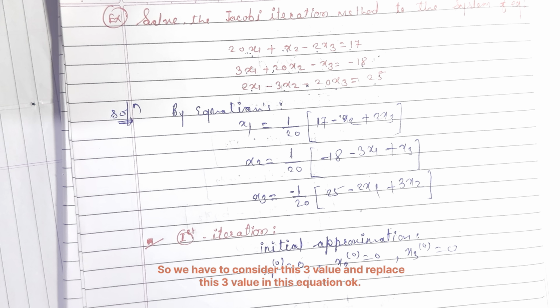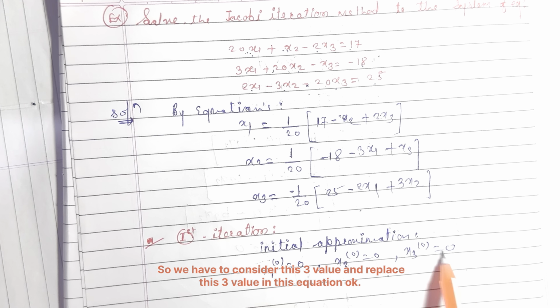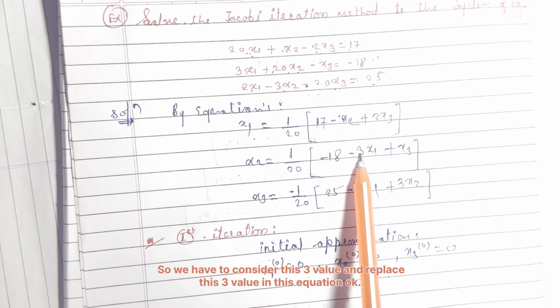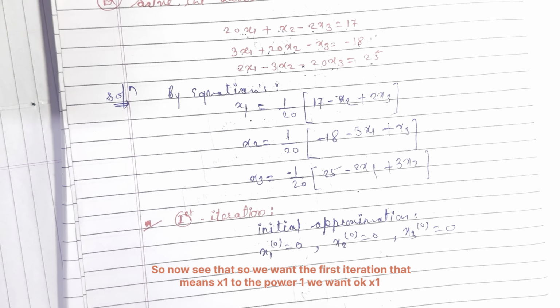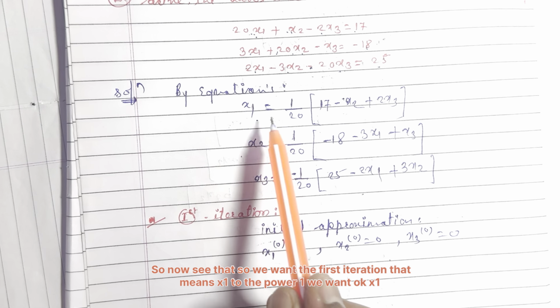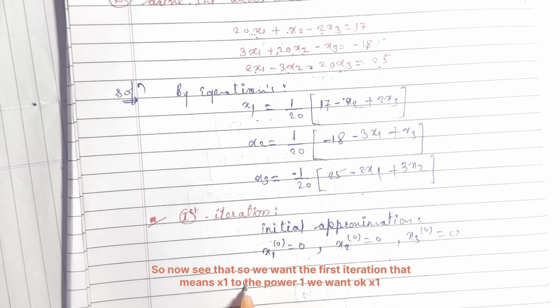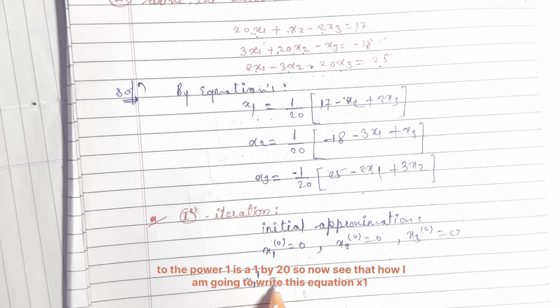We have to replace these three values in the equations. We want the first iteration, that means x1 to the power 1, which is 1 by 20.